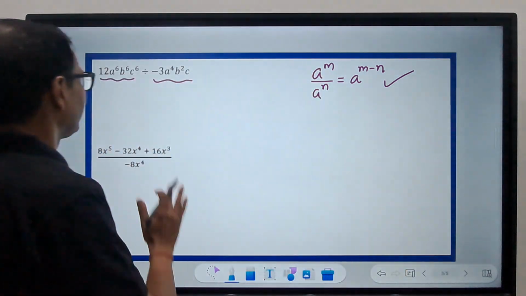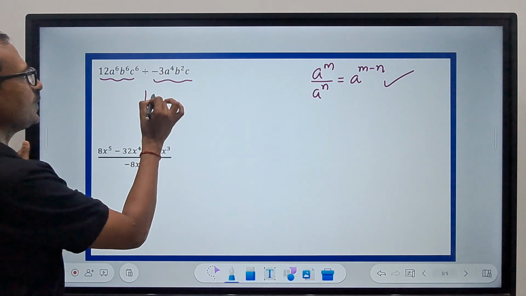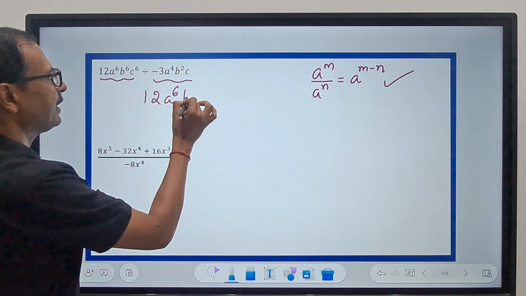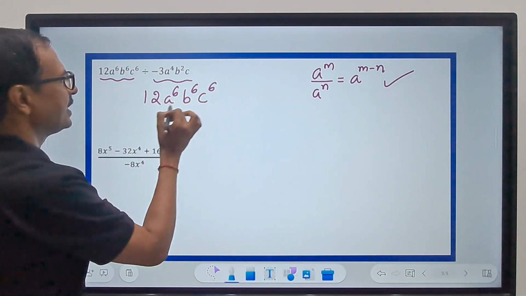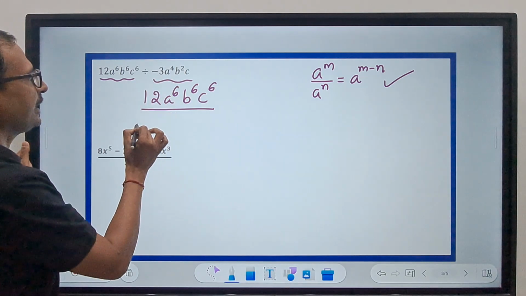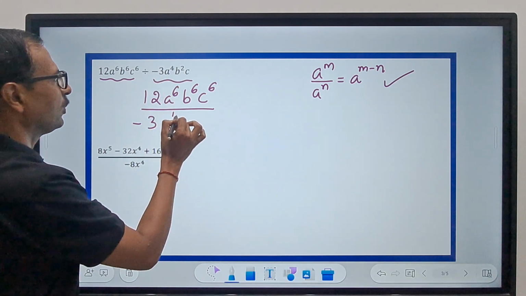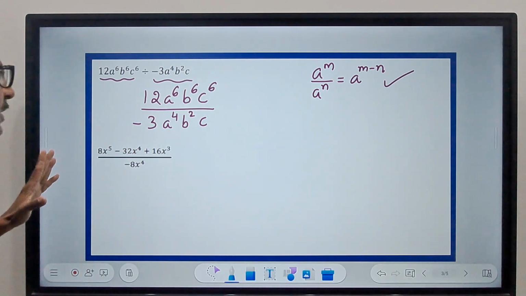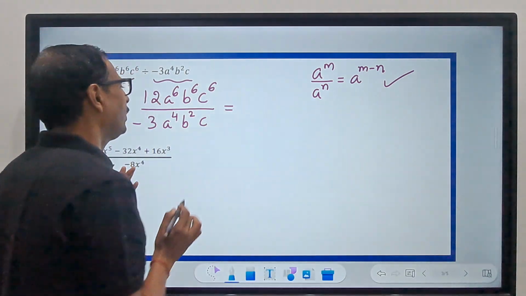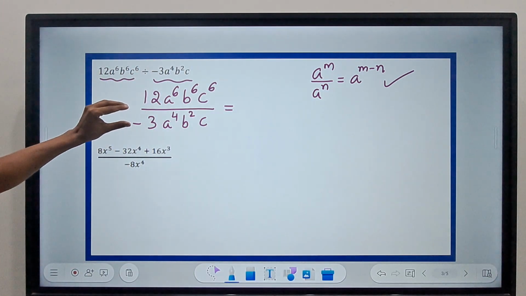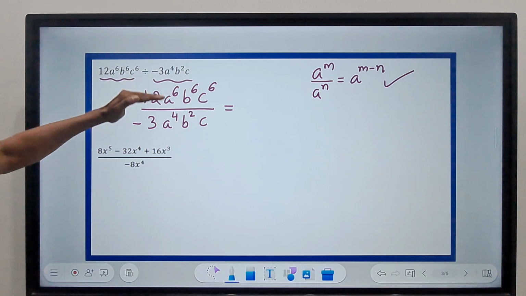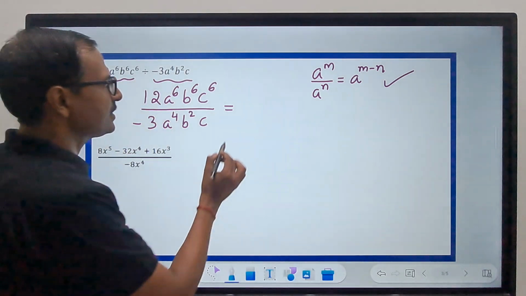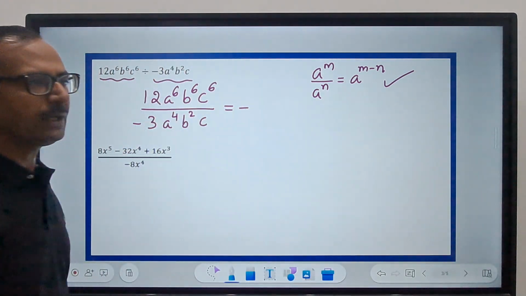Now the first term here is 12 a power 6 b power 6 c power 6, and we have to divide that by minus 3 a power 4 b power 2 and c, right? Friends, if only one negative sign is there between the two terms, then your answer is going to be negative only.